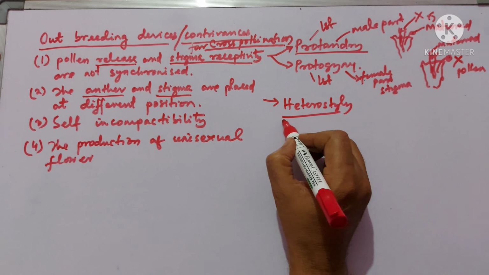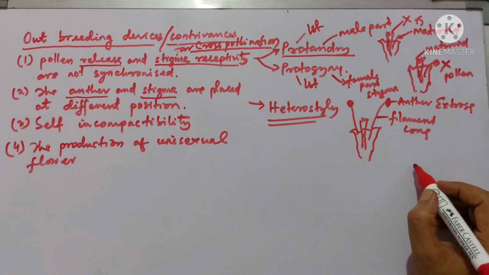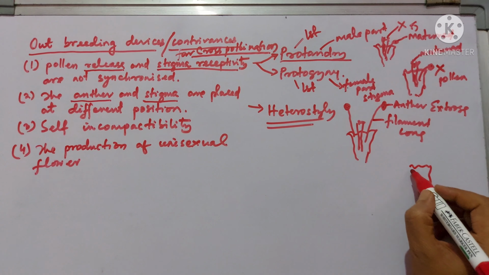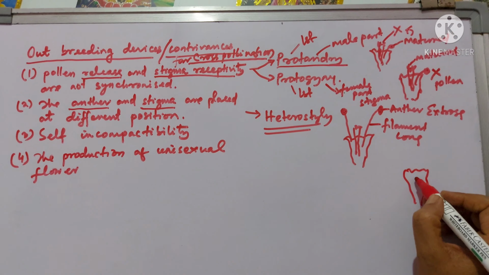This is one condition. And another condition we can also find, that is, if this is the flower, a very long style and the filament is too short.